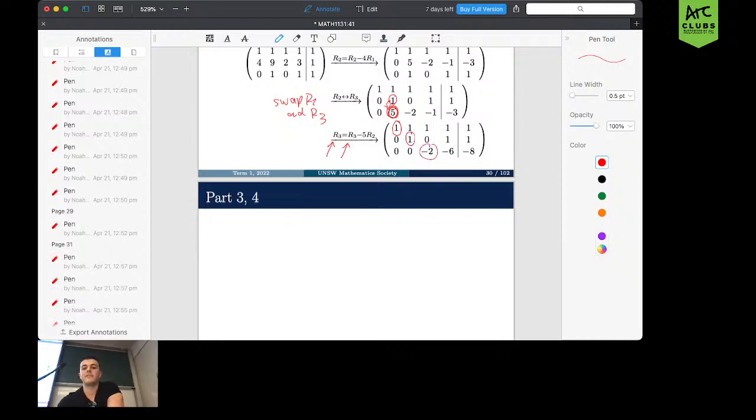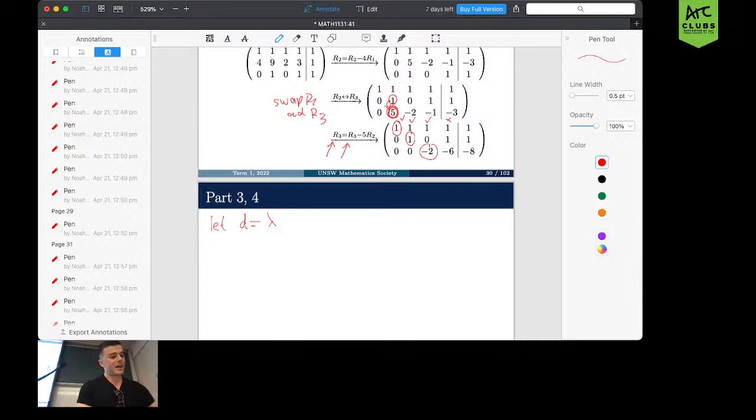That means we have a leading column here, a leading column here, and a leading column here, and this is a non-leading column. Now, if we want to solve the system, we let the non-leading column equal some sort of free parameter. So why don't we say let d equal some parameter lambda, okay?